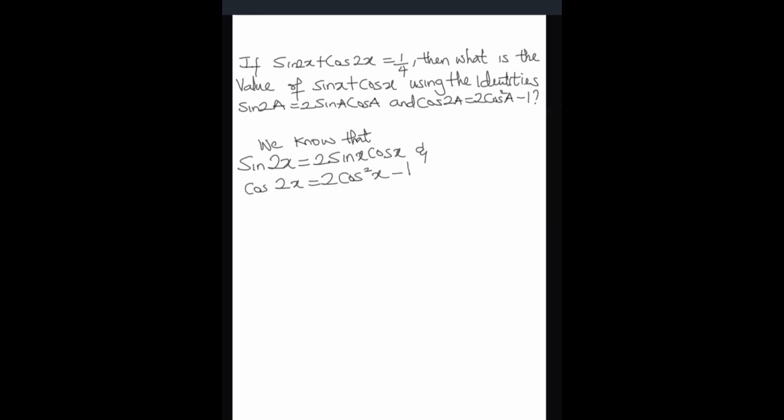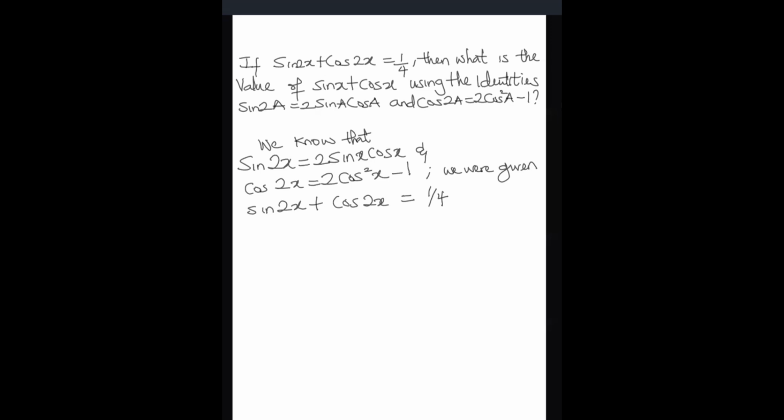So remember that we were also given that sine 2x plus cos 2x is equal to 1 by 4.